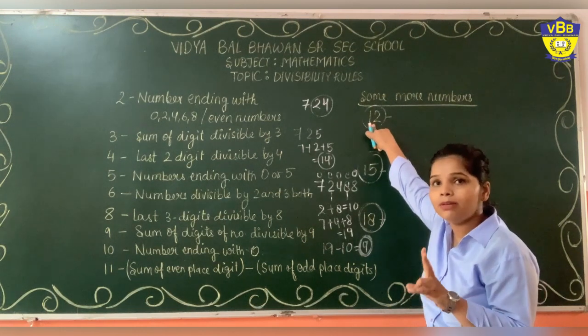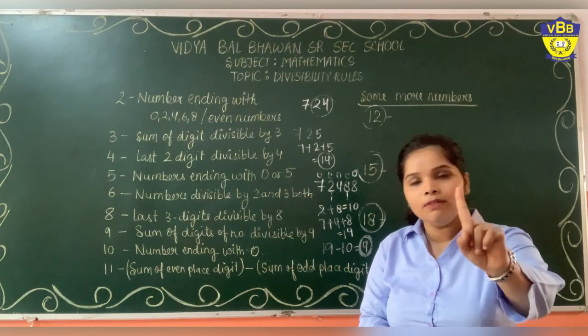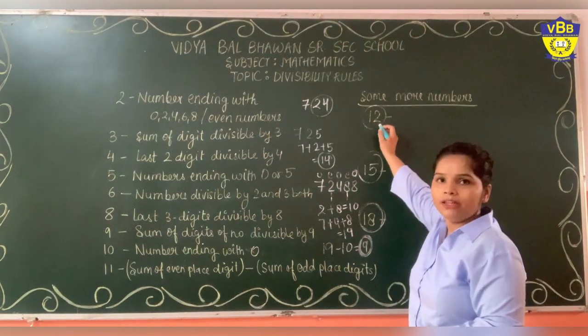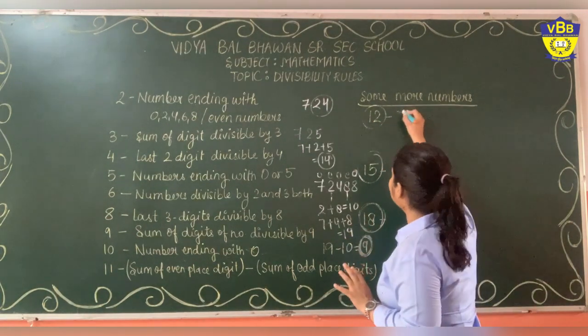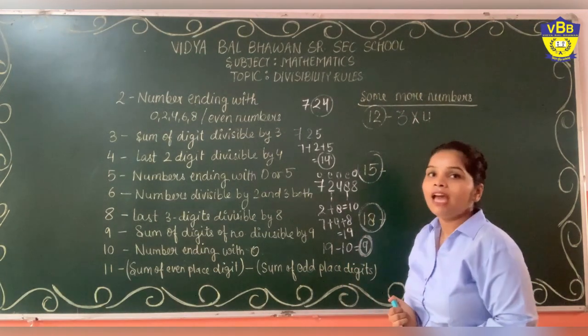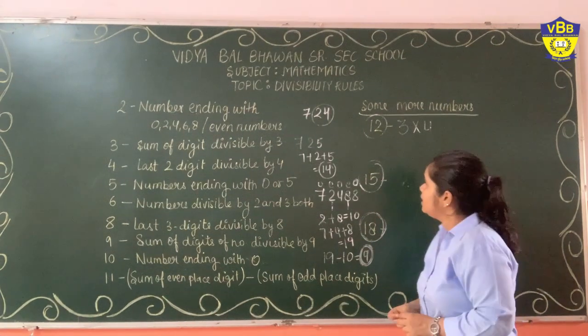What are co-prime numbers? Co-prime numbers are numbers having only one common factor, that is 1 itself. So we can write 12 as the product of two co-prime numbers, that is 3 multiplied by 4.